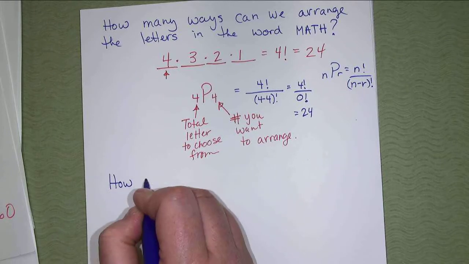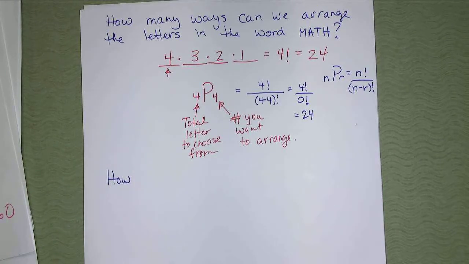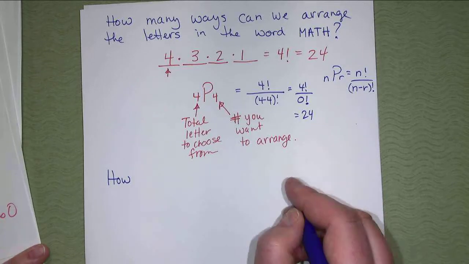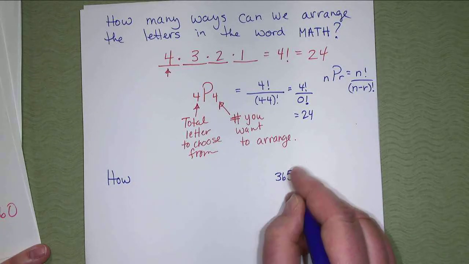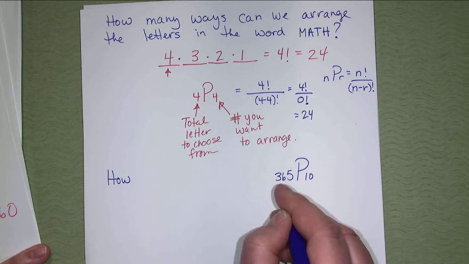There could be, because there's 365 days of the year to pick from, and we want to pick 10 of them. That's not too bad. 365 days and 364, 3, 2, 1, right? But as a permutation, that would be 365p10. Out of the 365 days, pick 10.